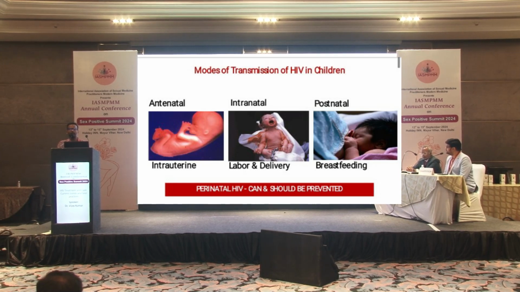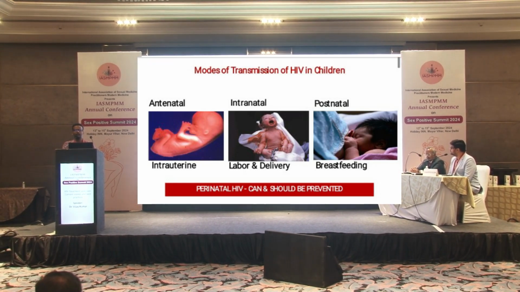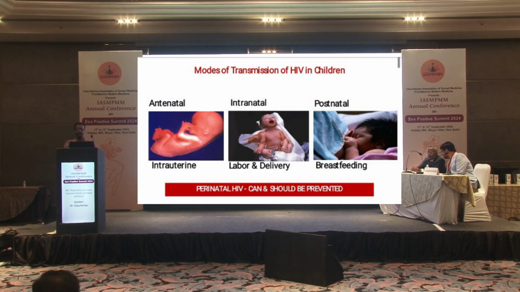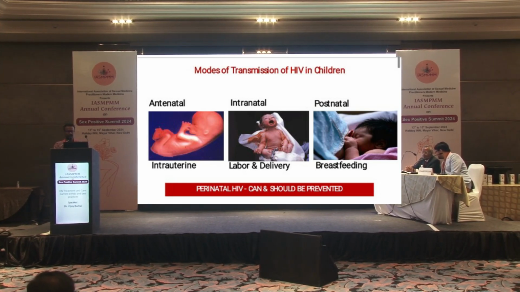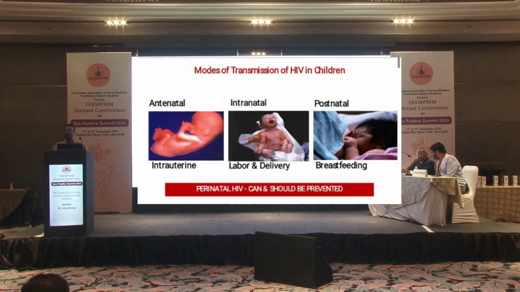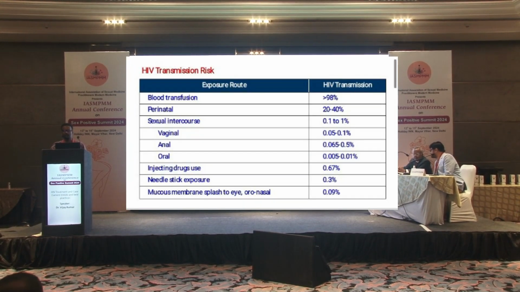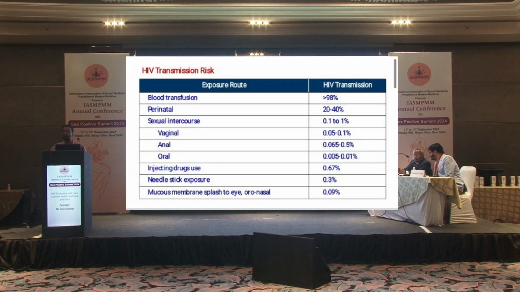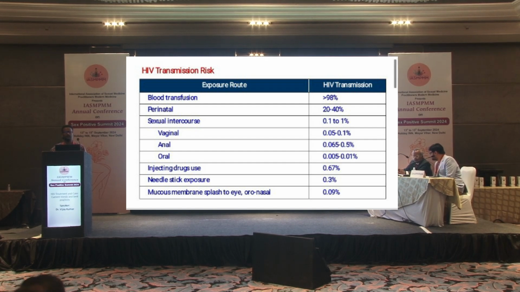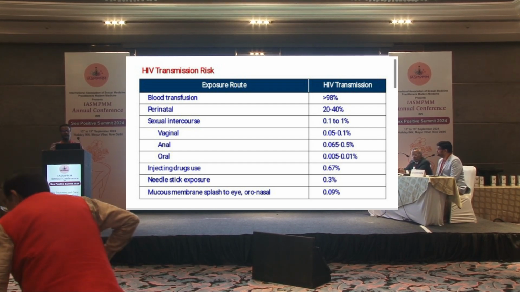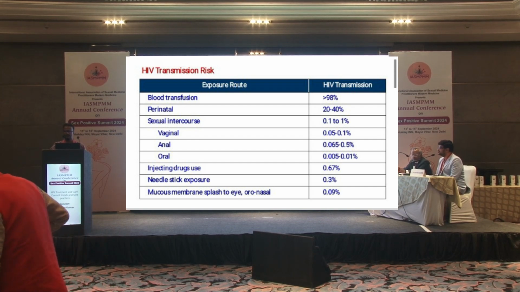We should try our best to cut off transmission in children so that their quality of life will be good. These are the most common routes of transmission with the percentage of risk mentioned, where blood transfusion is the highest-risk mode.